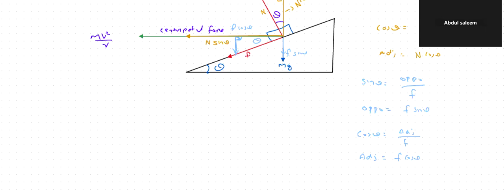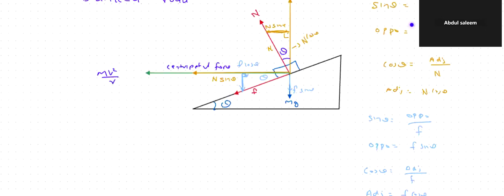So from this relation, we can clearly observe that this centripetal force is provided by two factors. One factor is a component of the normal reaction force and another is from the frictional force.